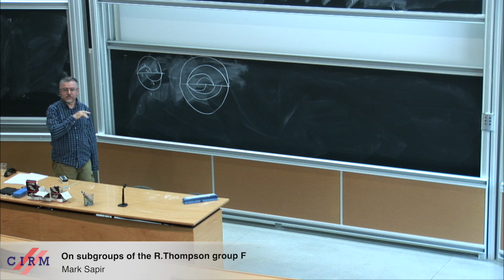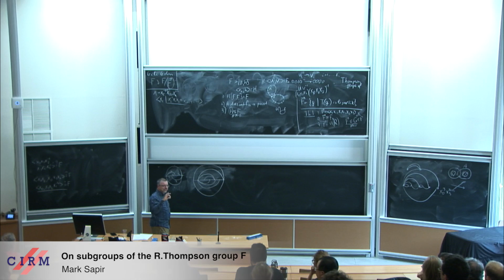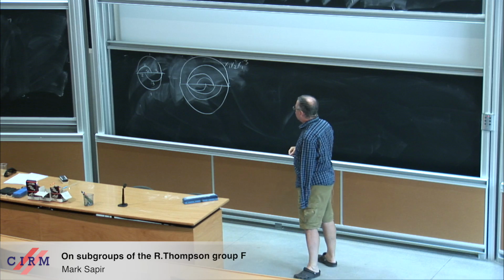Did you follow? You see, it's much easier to do than the trefoil. So this is x1, x2, x1 to the power minus 3. Now let's do the automaton.